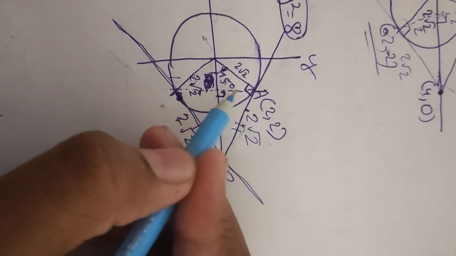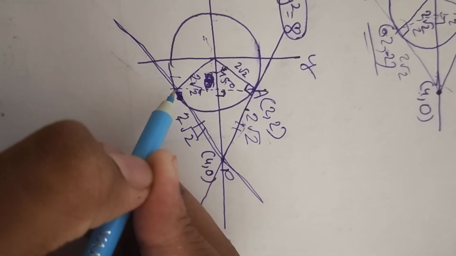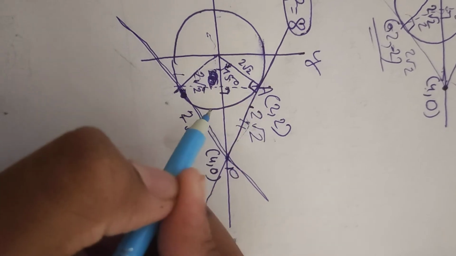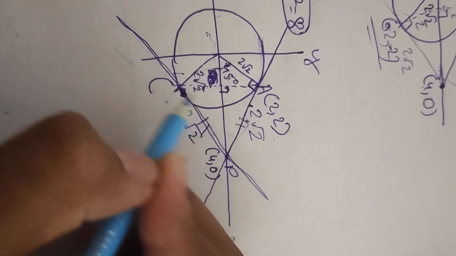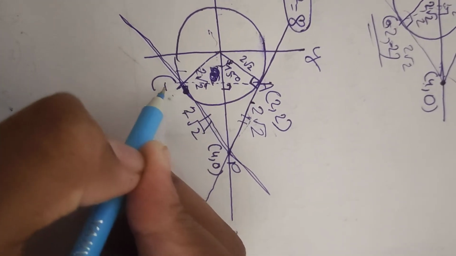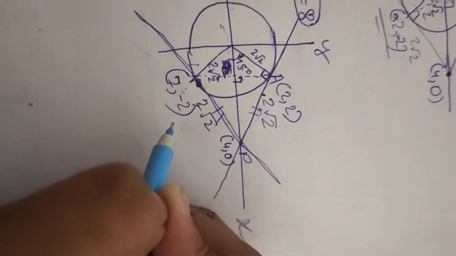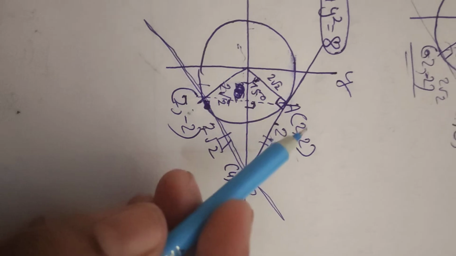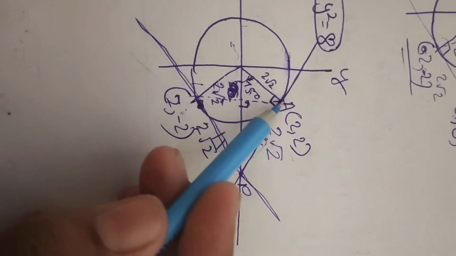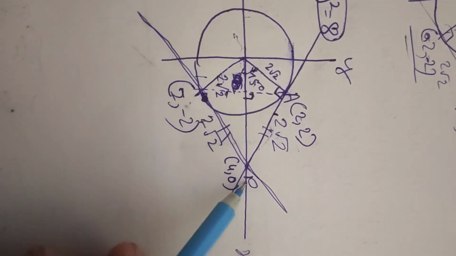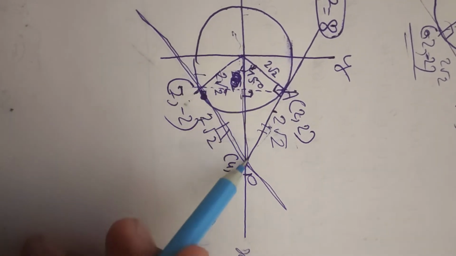So if we draw a line here, right, and as you can see, what would it become? Obviously it will become 2 comma minus 2. Easily we can see this. Now how did I find this out? We know the x coordinate is 2, so this would be 2, and this whole is 4, so it is 2, right?